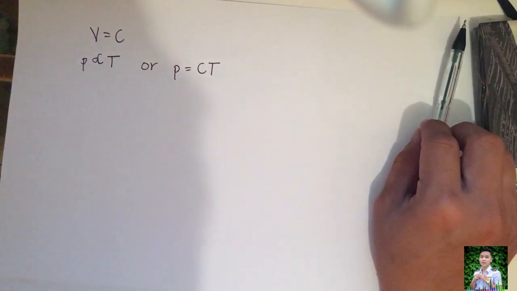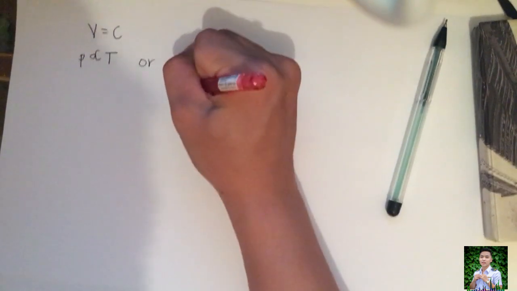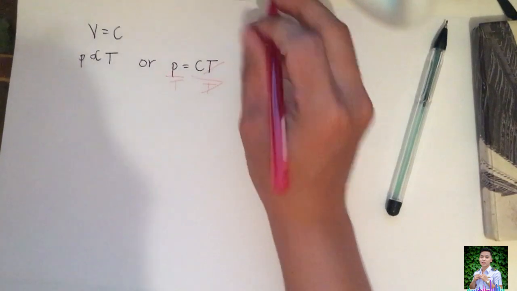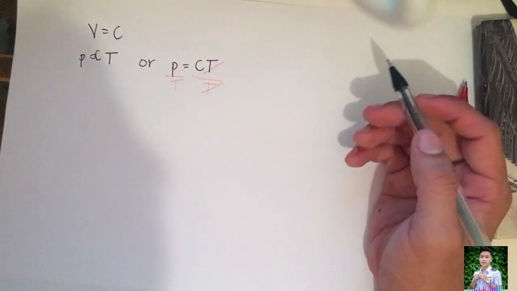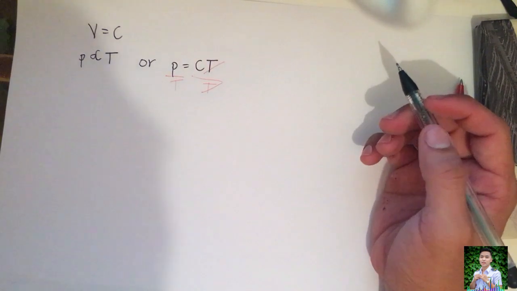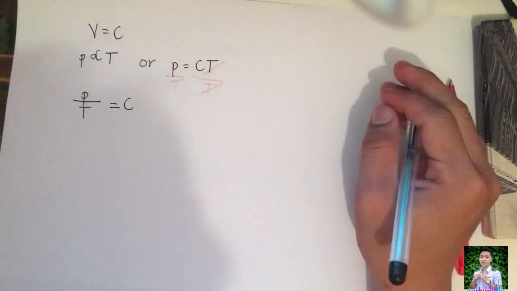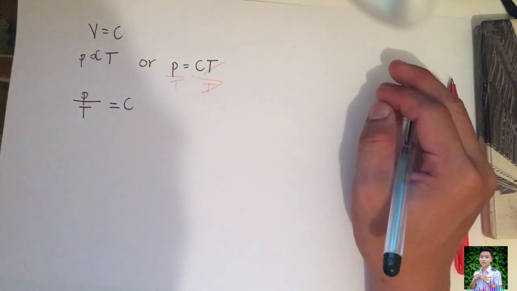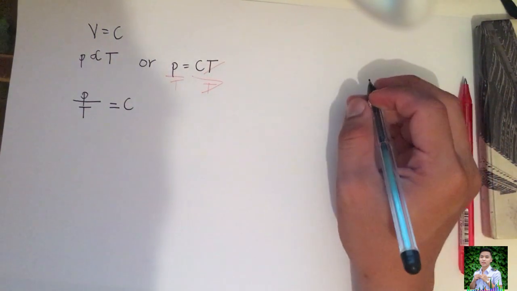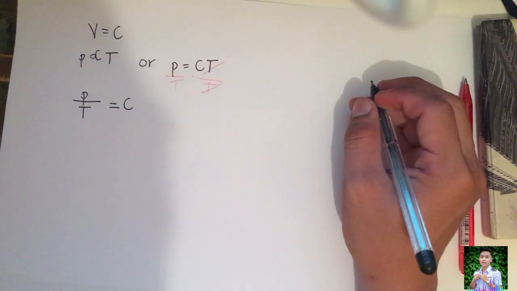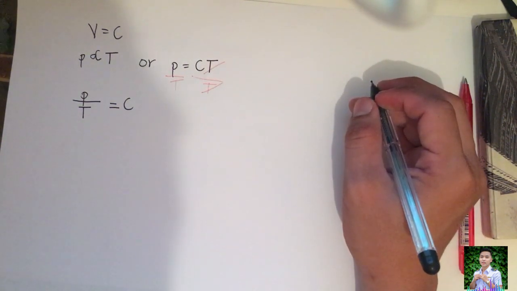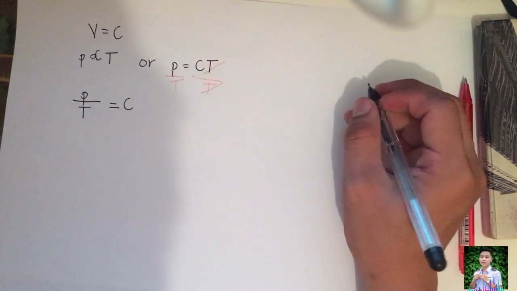Then, by dividing both sides with temperature, we have pressure over temperature is equal to C. Or if the properties of gas are changing, we use P1 or pressure 1 over temperature 1 is equal to pressure 2 over temperature 2.